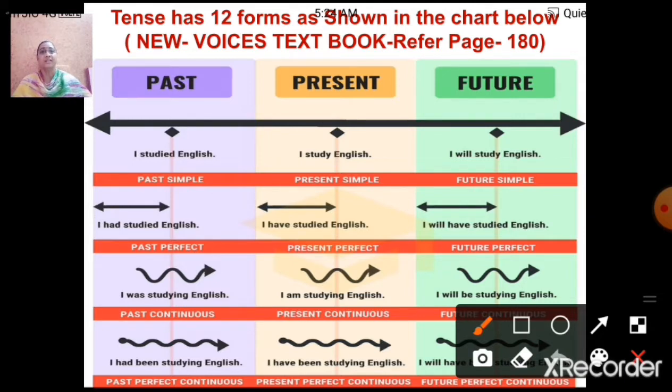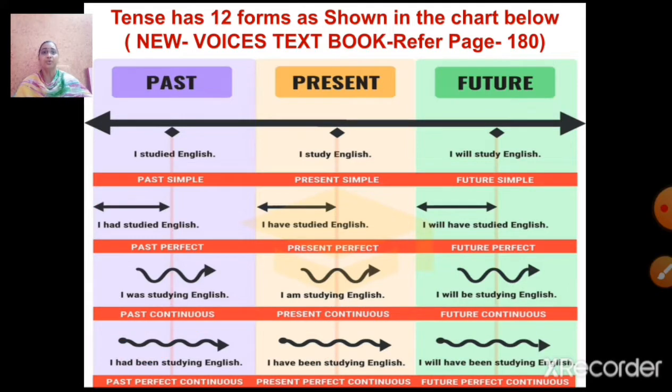In past tense, we have simple past, past perfect, past continuous and past perfect continuous. In present tense, we have simple present, present perfect, present continuous and present perfect continuous. In future tense, we have future simple, future perfect, future continuous and future perfect continuous.